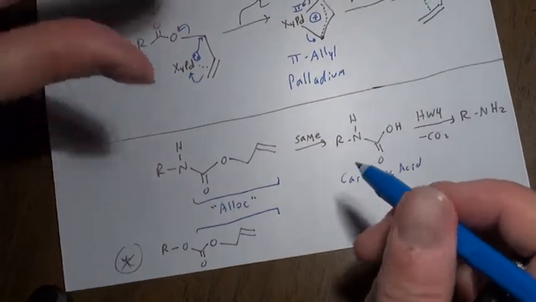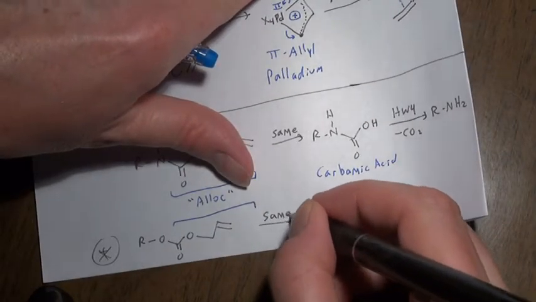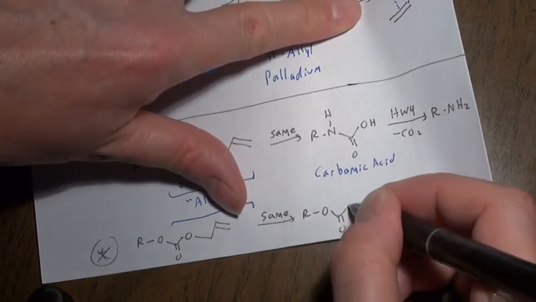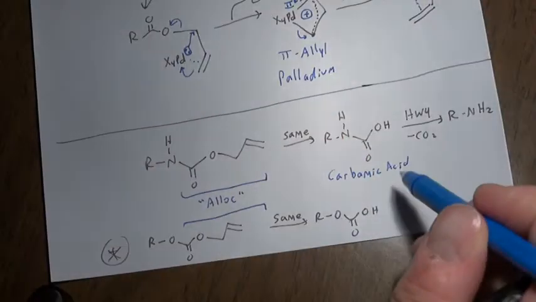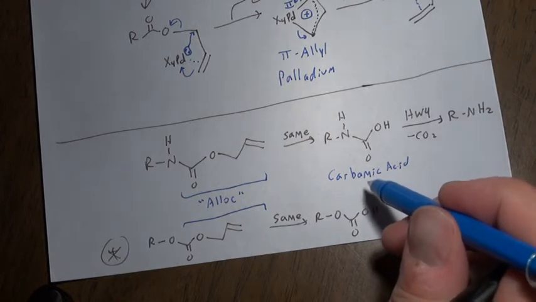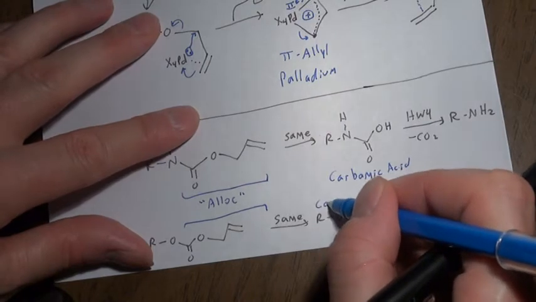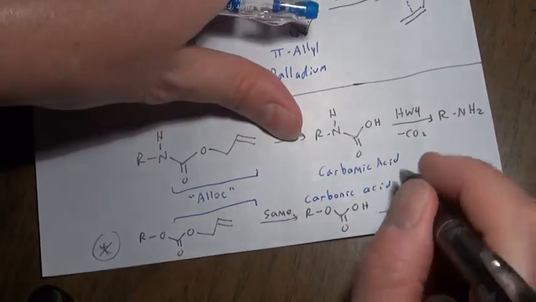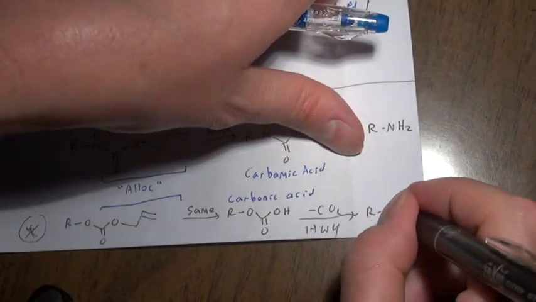It's an alloc in both situations, and it's going to be the same. And then you get an intermediate that looks like this after the allyl comes off. This is not called a carbamic acid, and of course carbamic has AM, which sounds like an amine. This is called a carbonic acid. You can guess what happens to the carbonic acid. It loses CO2. It's like homework 4 again, and then you're left with the alcohol.